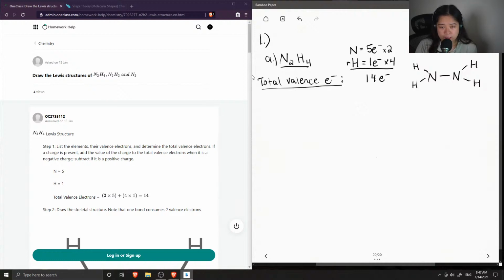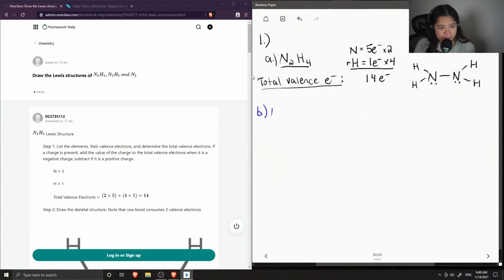Each bond contains 2 bonding electrons, and we have a total of 5 bonds, so we have 10 electrons drawn so far, so I just need 4 more. So I'm just going to put a lone pair on each of my nitrogens. Okay, so that's the Lewis structure for part A.